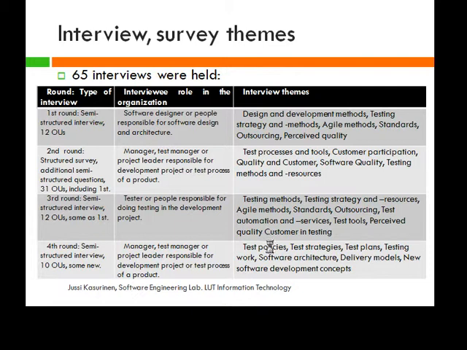Okay, so what did we ask the people? The survey themes: on the first 3 rounds we had the 12 focus organizations, and on the second round we had the additional survey going along with the interviews, and on the fourth round we had 10 organizations which were interviewed for some validation data.